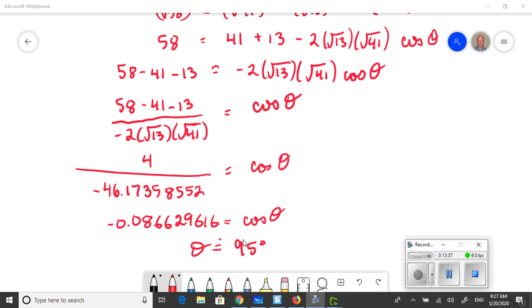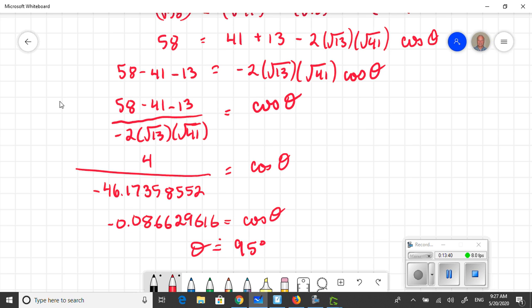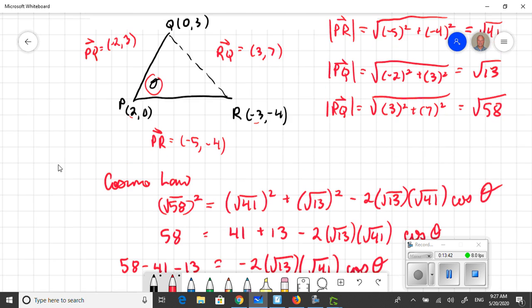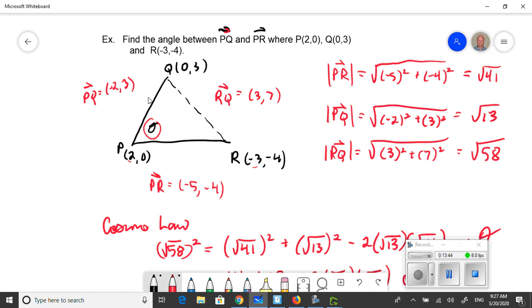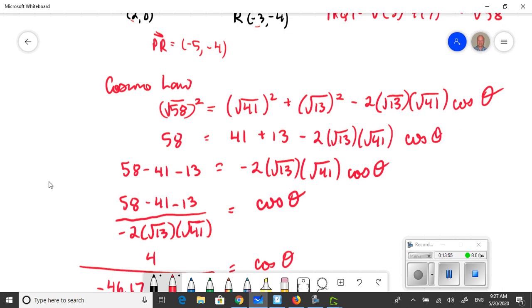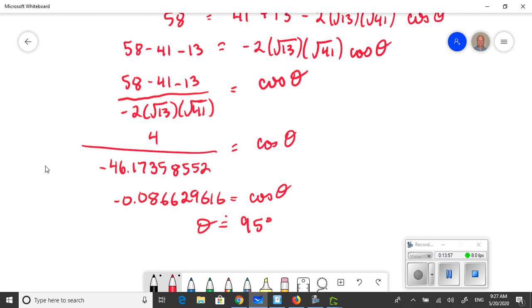Inverse cosine gave me an angle of 95 degrees. So doesn't quite look like it. It's certainly not to scale. The diagram really doesn't matter, but that angle is 95 degrees, and it makes some sense. That angle's across from the largest side of my triangle here, so it's probably the largest angle in my two vector situation.